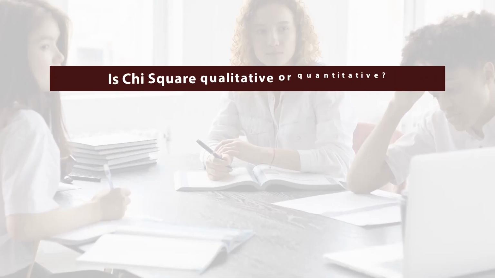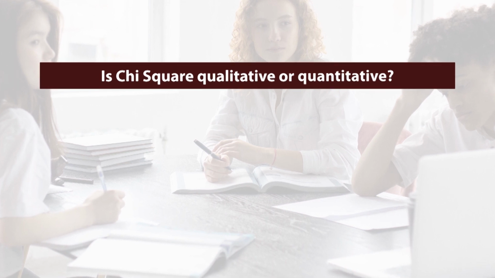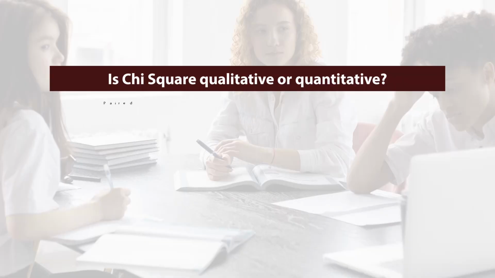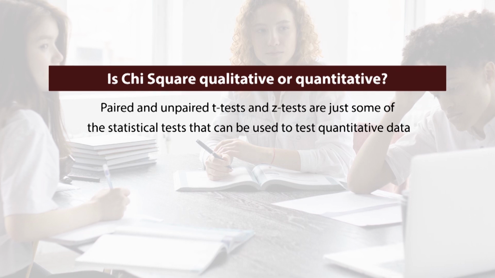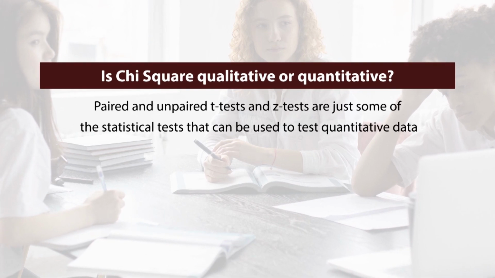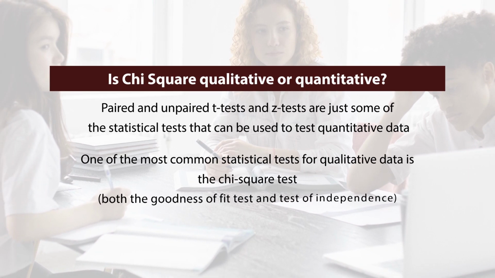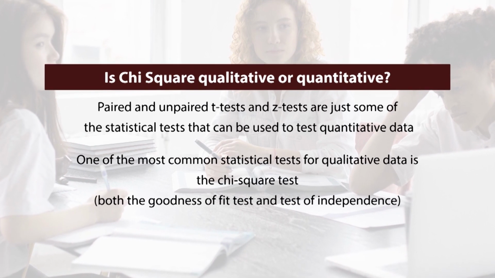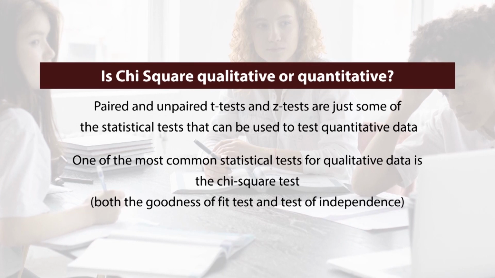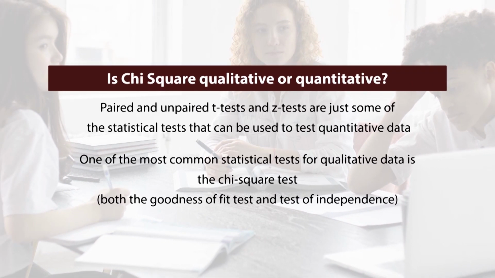Now the question is, is chi-square qualitative or quantitative? In our preceding discussion on the t-test, we talked about paired and unpaired t-tests. Paired and unpaired t-tests and z-tests are just some of the statistical tests that can be used to test quantitative data. One of the most common statistical tests for qualitative data is the chi-square test, both the goodness of fit test and the test of independence.